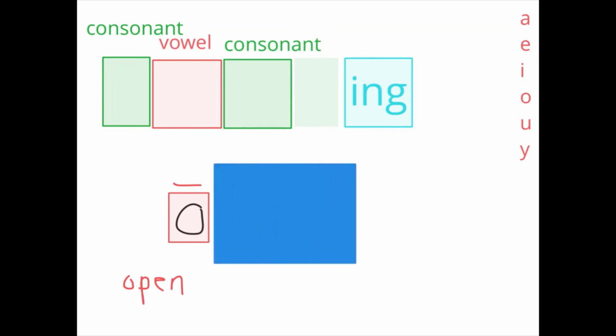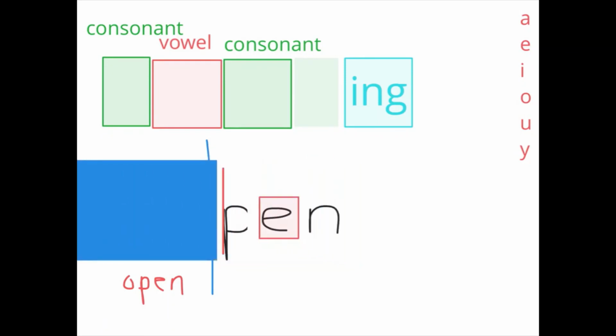We need to say that our first syllable is just O, just one letter, but that's okay. But now we need to look at the last syllable. So we're going to cover this one up for a minute. And we're going to look at our last syllable. And we need to look at the vowel and we need to look at the final box.